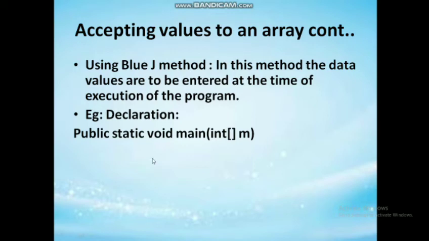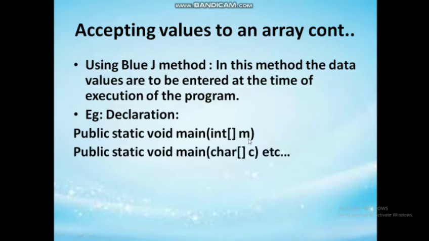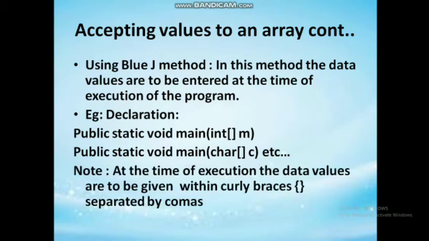Example is public static void main int array. This is an array of m, variable is m, and again public static void main character array c, etc. And note, at the time of execution the data values are to be given within the curly braces separated by commas.